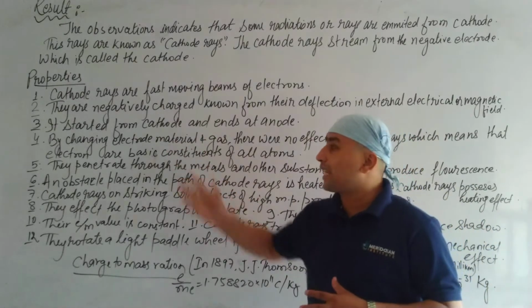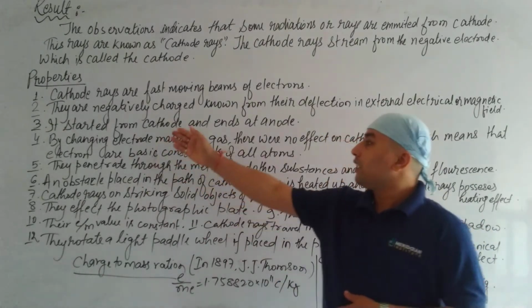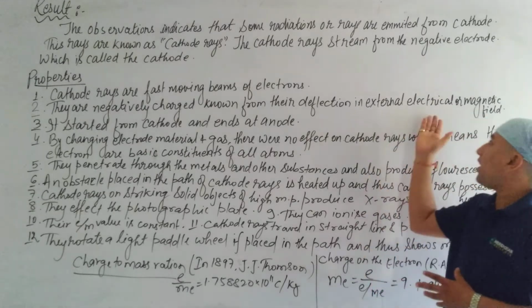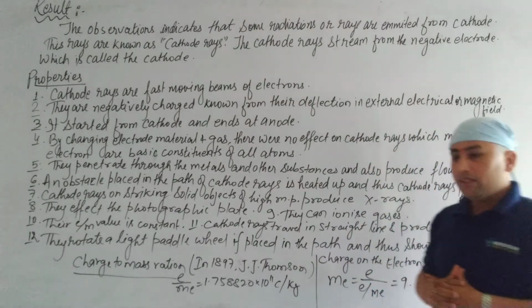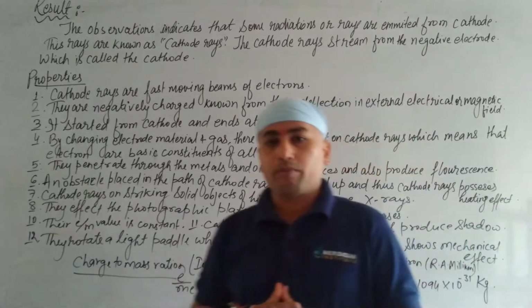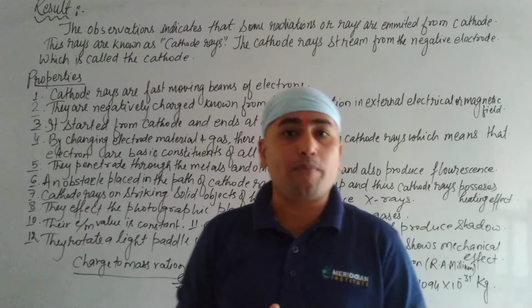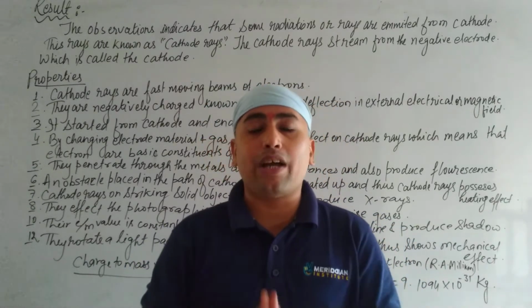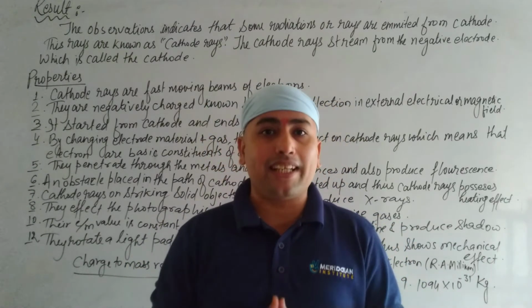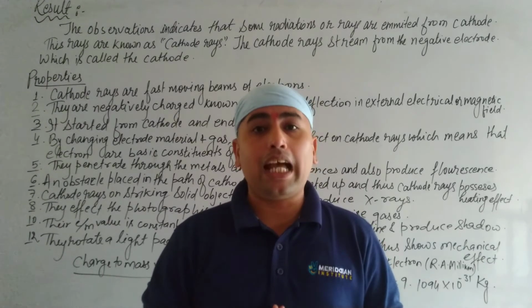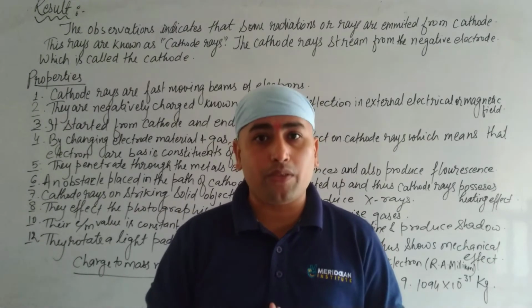The second property is that they are negatively charged, known from their deflection in external electrical and magnetic fields. As we know, they are negative because they developed from the negative electrode as the electric current was passed and electric and magnetic fields were generated.